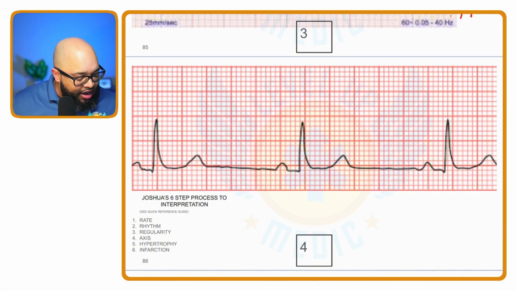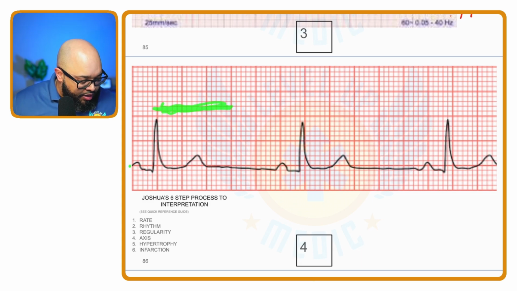Let's look for the PR interval. It should be within one big box. Well, this is one big box, and it's within that. It's right on the line. It's a little borderline, but it's right on the line. So we're going to say that's still okay. And then the QT interval, of course, needs to be half the distance of the R to R. So if I take half of this distance, so that's going to be about here, the QT interval needs to be within that amount of space.